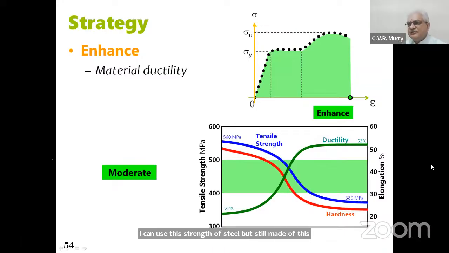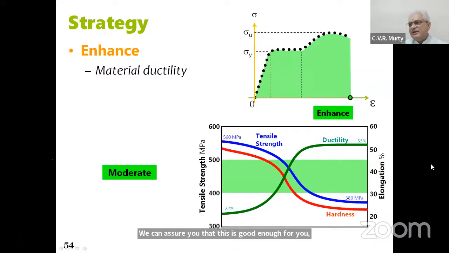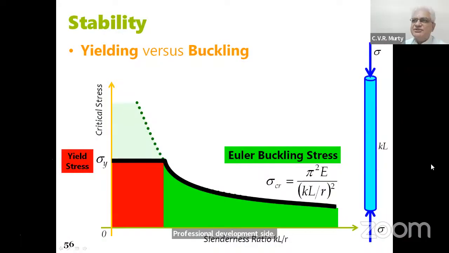I assure that for those conditions that are prevalent for the design purposes, let's say we will use it in earthquake zones 2 and 3, we can assure you that this is good enough. But in higher zones, we have to be a little modest because lives are at stake. Let's go to the next item, which is a section.